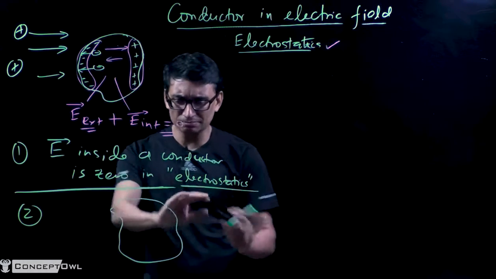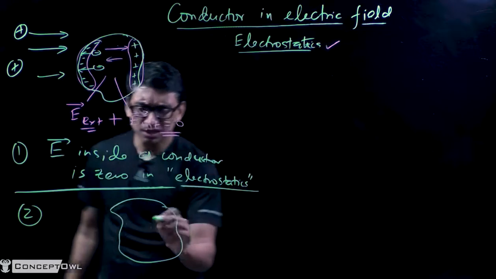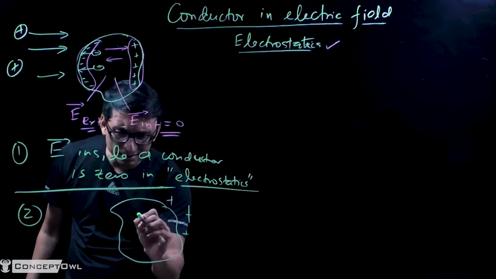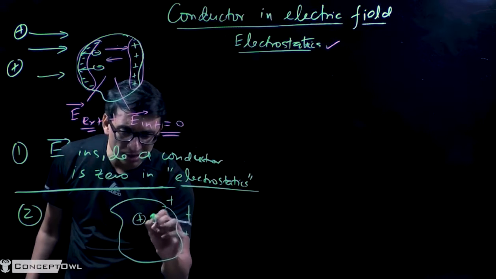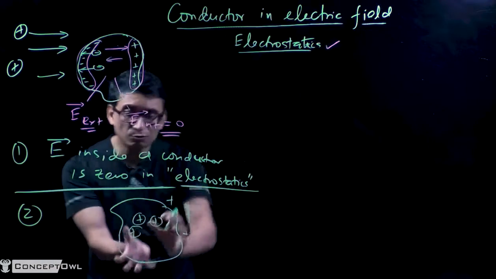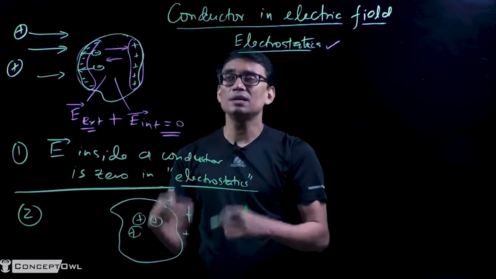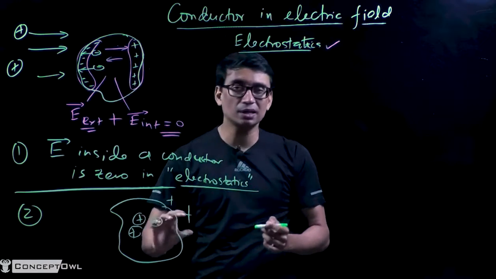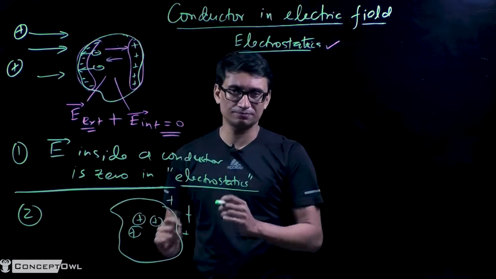So I managed somehow to put some charge onto it. Let's say there is some charge here. Now is it possible that there might be some charge sitting inside? Could there be an excess charge in certain parts inside the conductor? Once again, is it possible that there might be some excess charge at certain points inside the conductor?